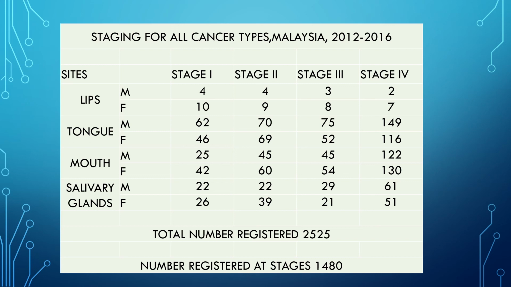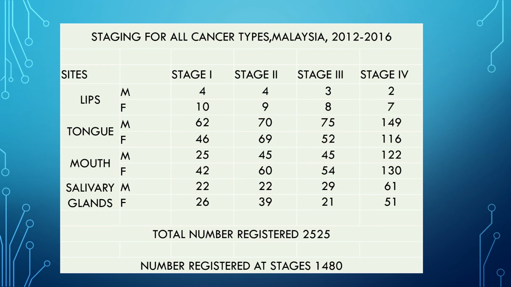Overall, the total number of cases registered is 2,225 for these four sites of cancers, but the number registered with stages is only about 1,480 cases.